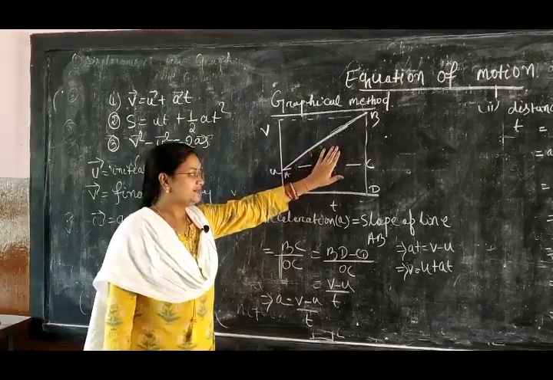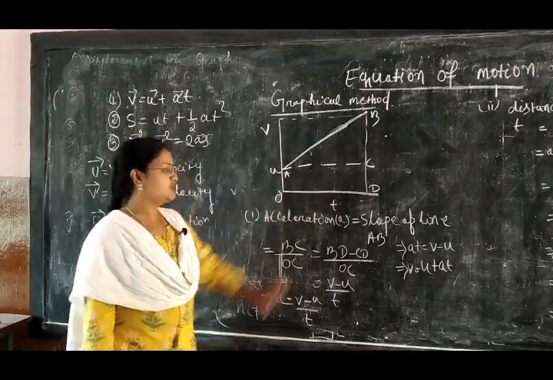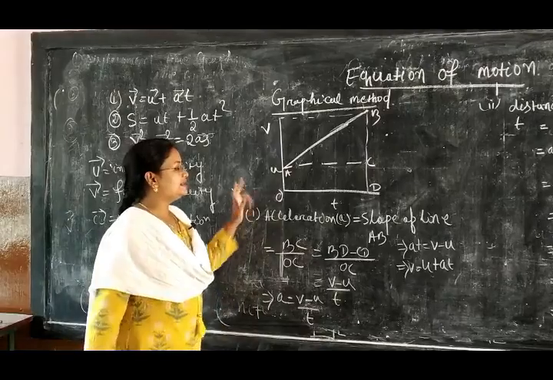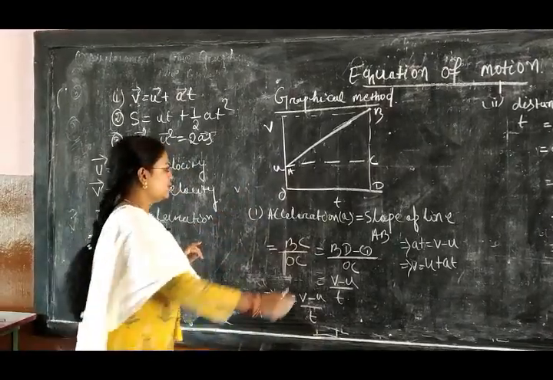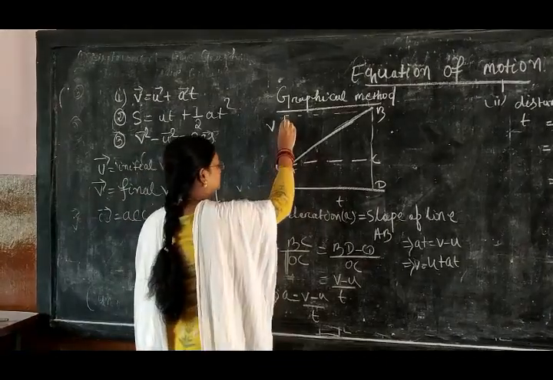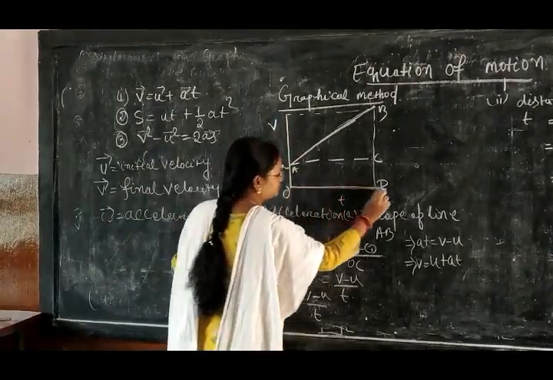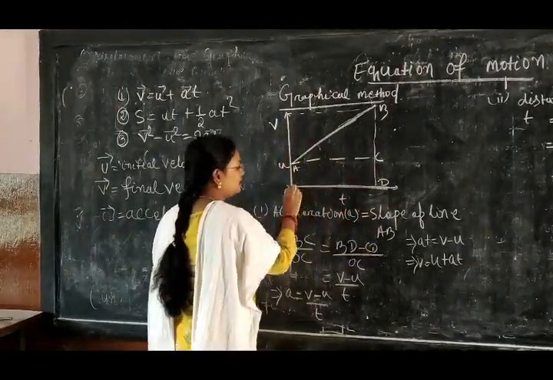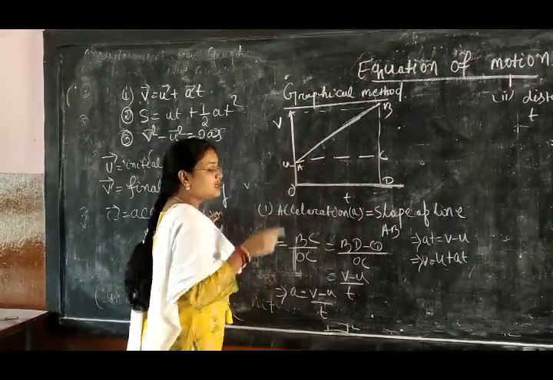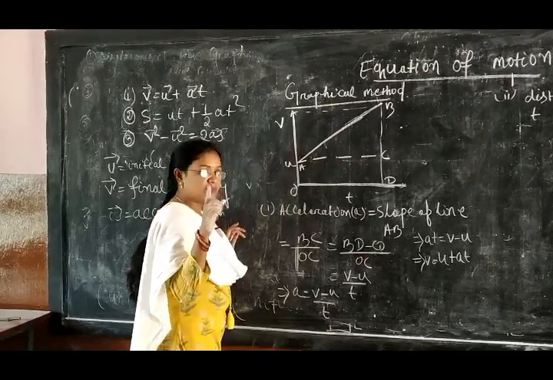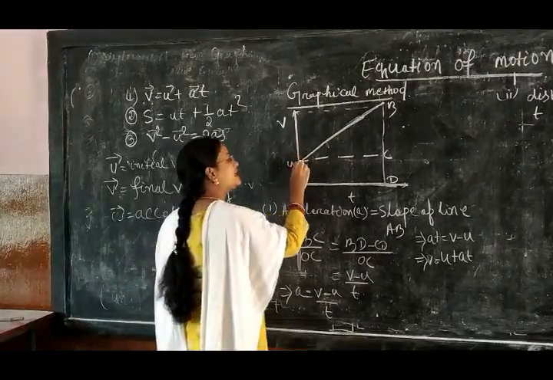This diagram is the same for all three equations of motion, and I had told that these three equations are valid only for uniform acceleration. So for uniform acceleration, I have drawn here the velocity time graph. Time is on the x-axis and velocity is on the y-axis. Since it is uniform acceleration, you remember for uniform acceleration the straight line is there.